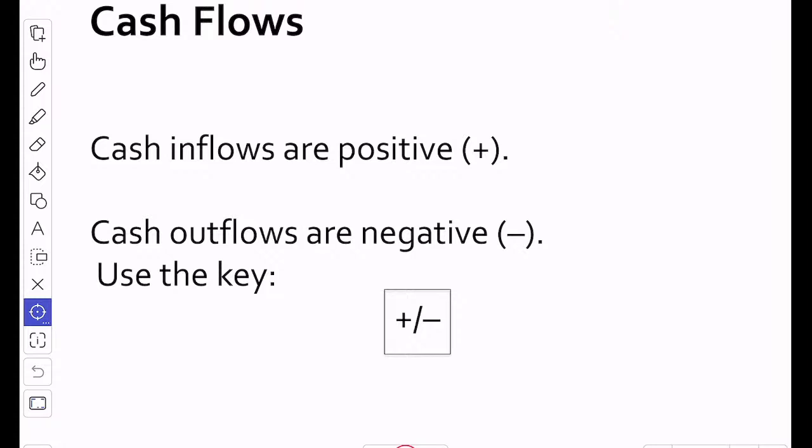All right, another thing you need to know before we begin is the philosophy, the way the calculator works, in particular the way the TVM keys work, the time value of money.